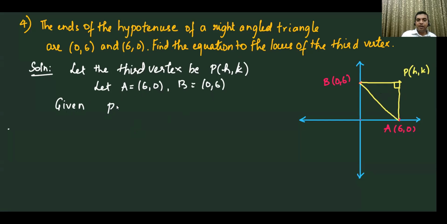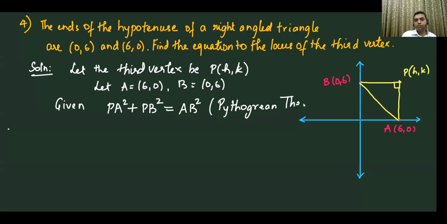PA square plus PB square is equal to AB square. This is the Pythagorean theorem, or the Pythagoras theorem, as we call it.